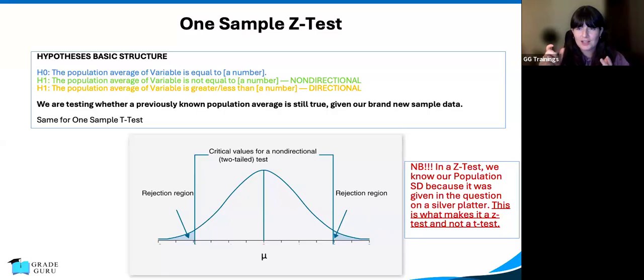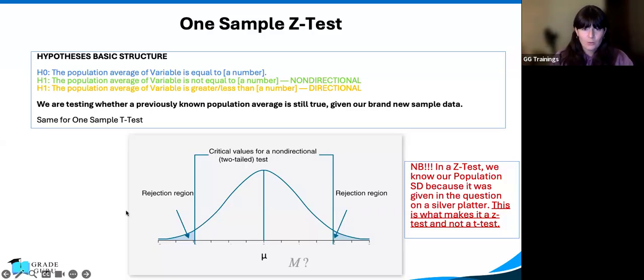So this should start sounding a little bit like the sampling distribution of means. What is the probability of obtaining a sample mean? Well, that's kind of what we're doing. We're looking at the probability of getting our sample mean. And if that probability is low enough, meaning it's so unlikely that we would get this sample mean, that means it's so far away from the old population mean that the old population mean must not be true anymore.